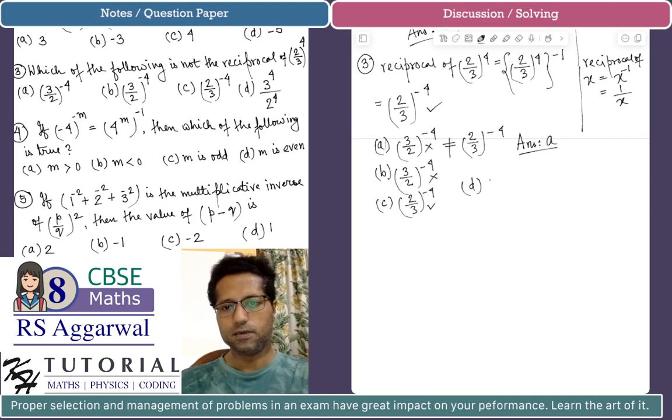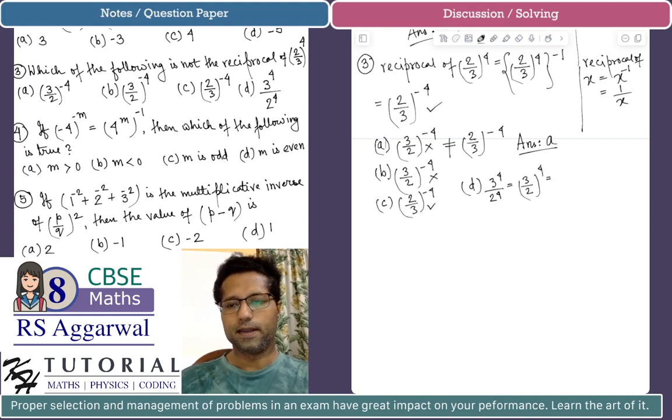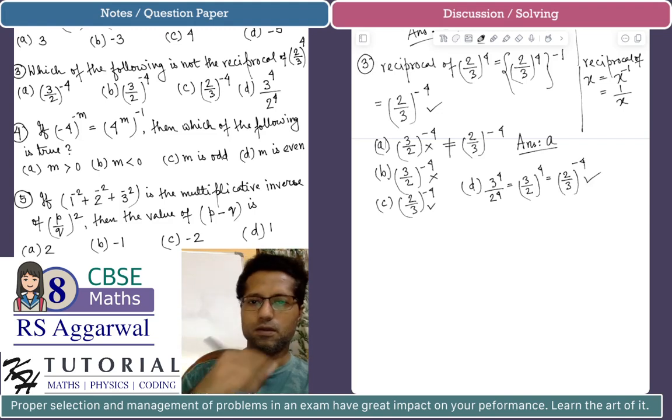And choice D, 3 to the power 4 divided by 2 to the power 4, is equal to (3/2) raised to the power 4. From here, I can take the reciprocal of the base and also take the negative of the power. So this is also the reciprocal.